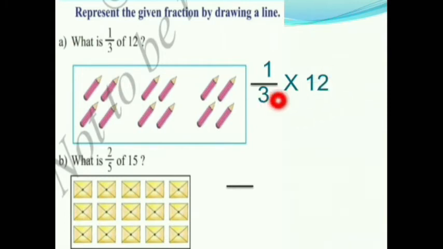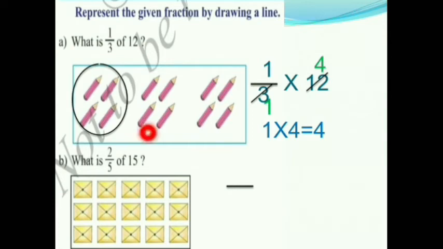Yes, 3 table. 3 ones are 3 and 3 fours are 12. Now we have 1 by 1 into 4. Here the denominator is 1, so we will ignore it. Now we have 1 into 4. What is 1 into 4? 4 ones are 4. So we will circle 4 pencils.